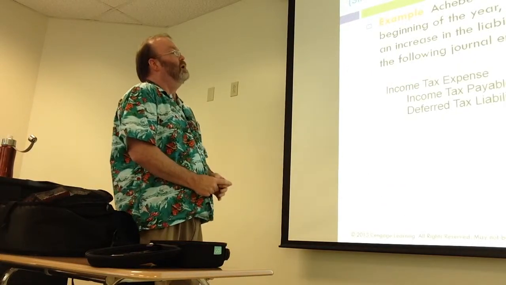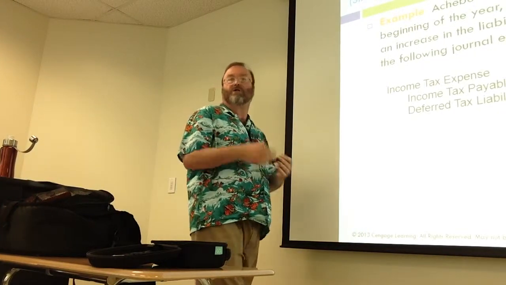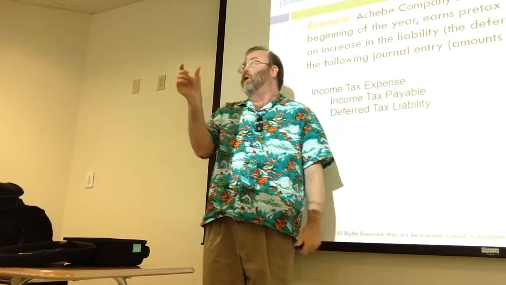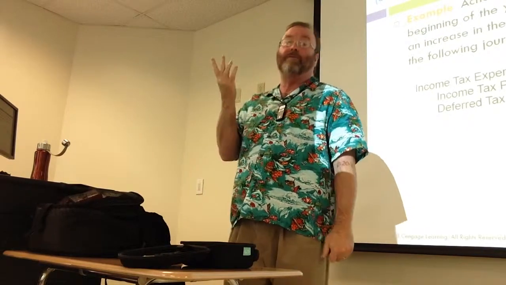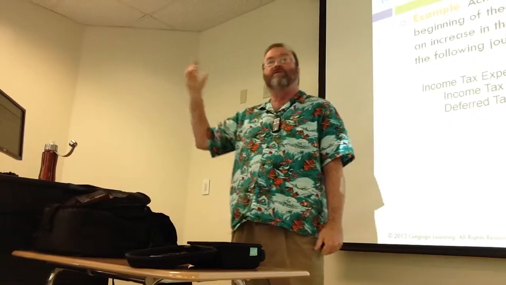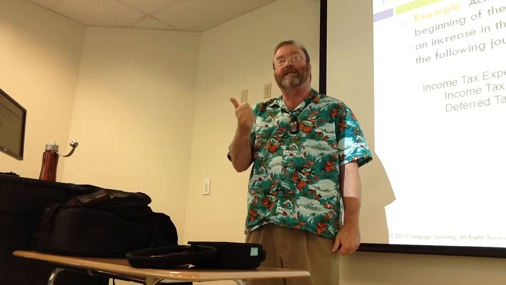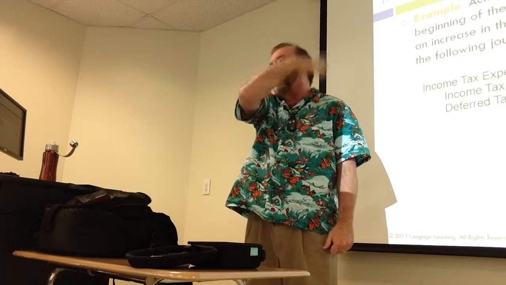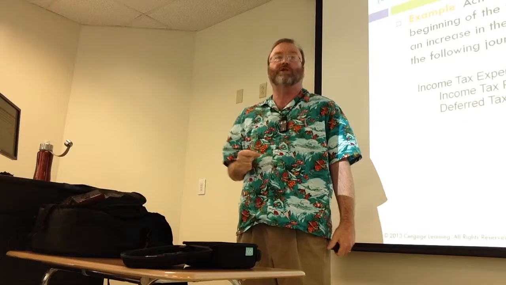All right. So in each one of these problems, we're going to take pre-tax income, we're going to add or subtract the temporary differences and the permanent differences. We're going to permanently remove the permanent differences, and then we're going to calculate either deferred tax liabilities or deferred tax assets on those 4 types of changes that are temporary in nature that I just got finished talking about.